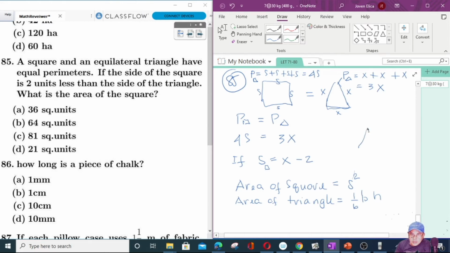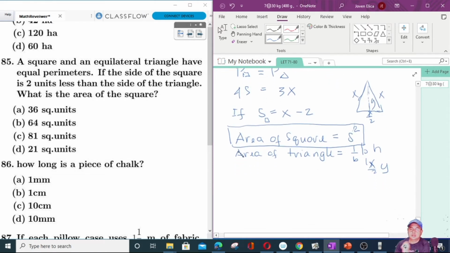If you have an equilateral triangle, just bisect it into 2, so the base is x over 2, with sides x, and the height is whatever, let's say y. But I'm just telling this formula; in the problem we are only asked to find the area of the square.